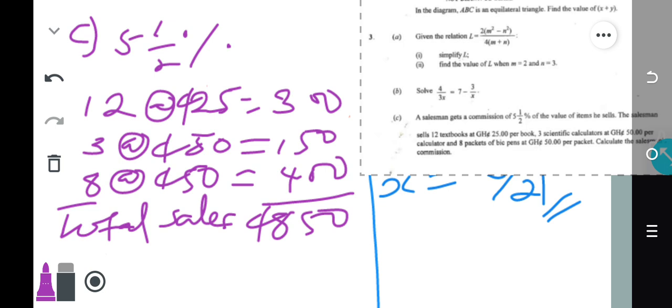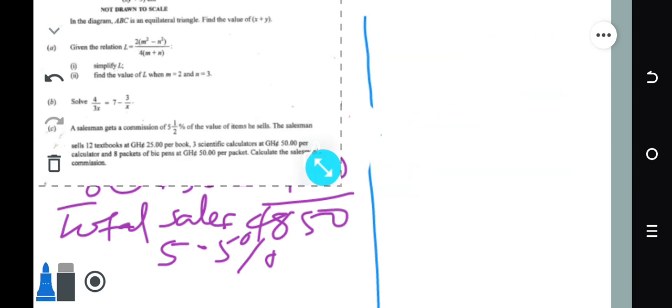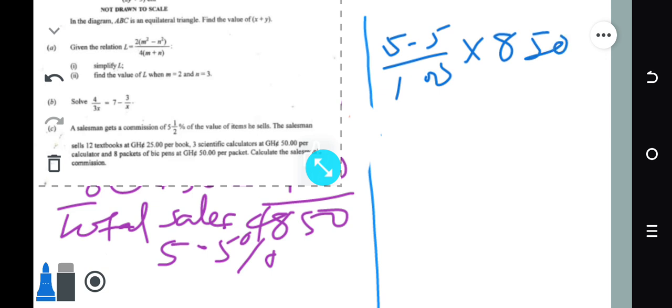Now the rate for the commission is 5.5%. All right, so 5.5 all over 100 times 850.